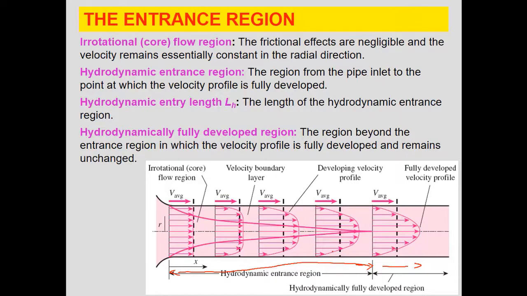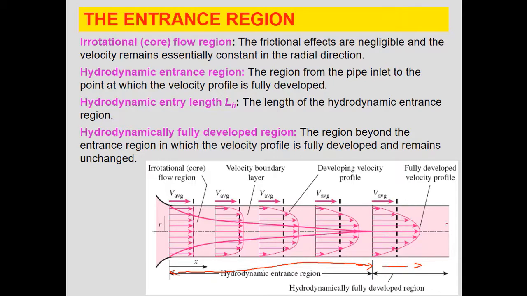Why are these different regions important? Because its characteristics, especially this entry length, will be effective on the required energy and on designing a pump, to select a pump actually, and also it is effective on the flow velocity.